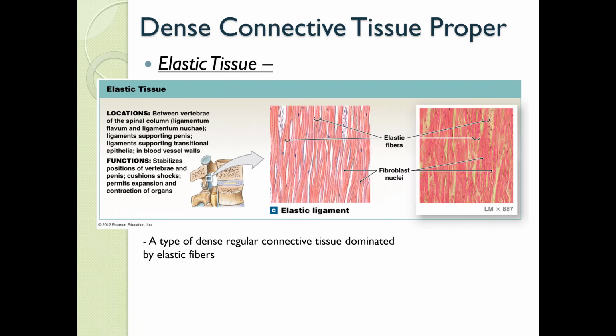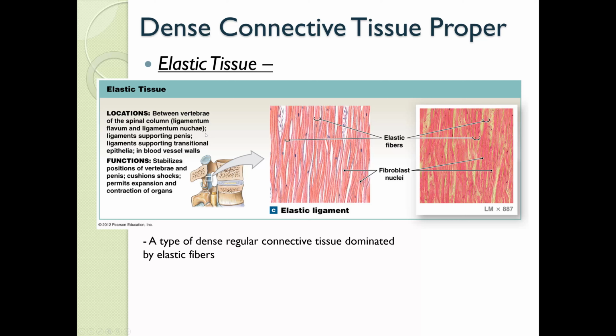Elastic tissue is a type of dense regular connective tissue, but instead of being dominated by collagen, it's dominated by elastic fibers. So essentially the elastic fibers have replaced the collagen, but they still all run parallel to each other. You can find elastic tissue between vertebrae of the spinal column, particularly the ligamentum flavum and the ligamentum nuchae.